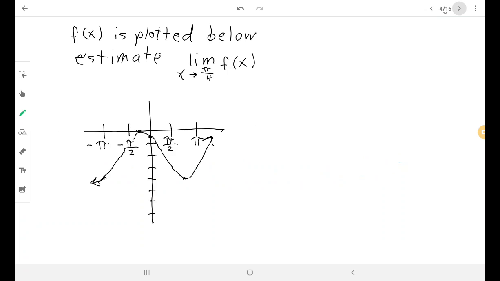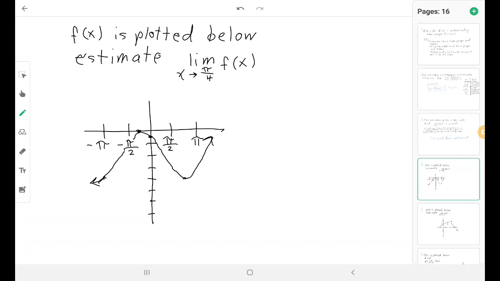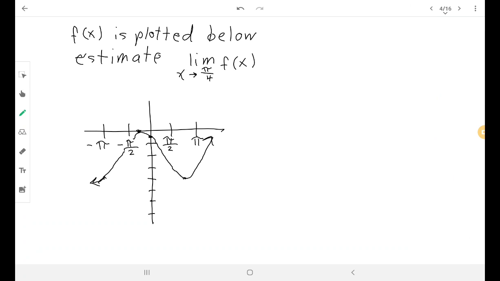All right, let's look at our next problem. Now we're going to talk about graphs and how we deal with the idea of limits when we're looking at a graph instead. Okay? So we've got a graph plotted, and it certainly appears that this graph is in radians because we've got pi's and pi over 2's and stuff like that.